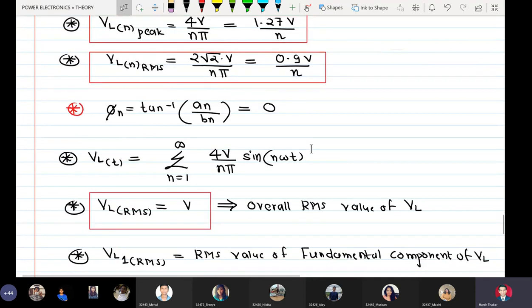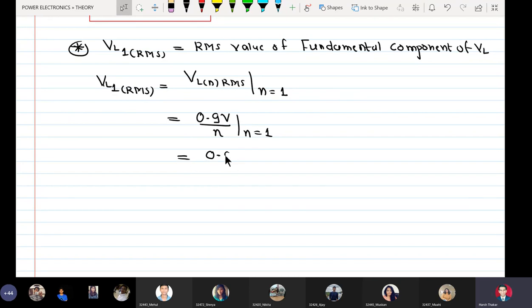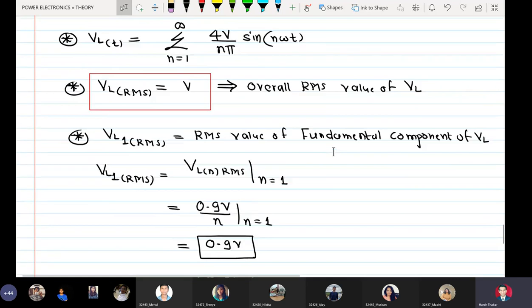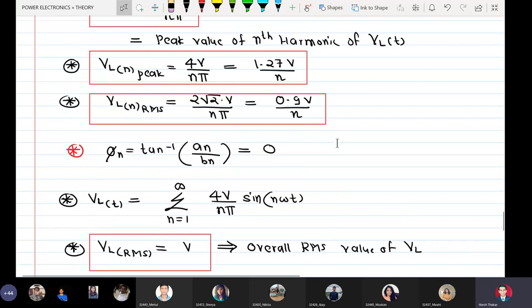VLN RMS is 0.9 V upon n, which for n equal to 1 is simply 0.9 times V. So students, the RMS value of the fundamental component of load voltage is 90% of the applied voltage. So if we give V as 100 volts, then the RMS value of the fundamental component will be 90 volts.